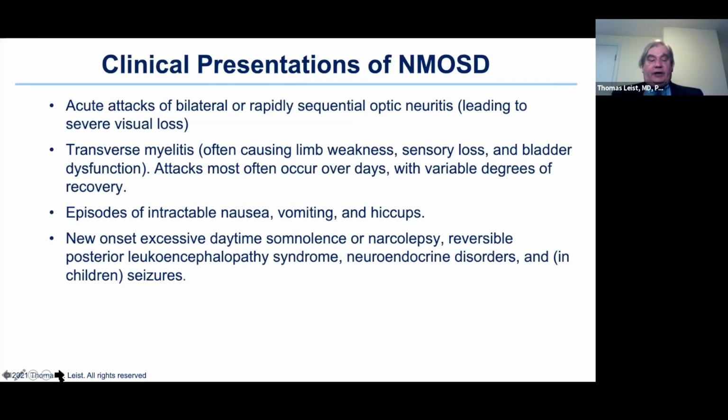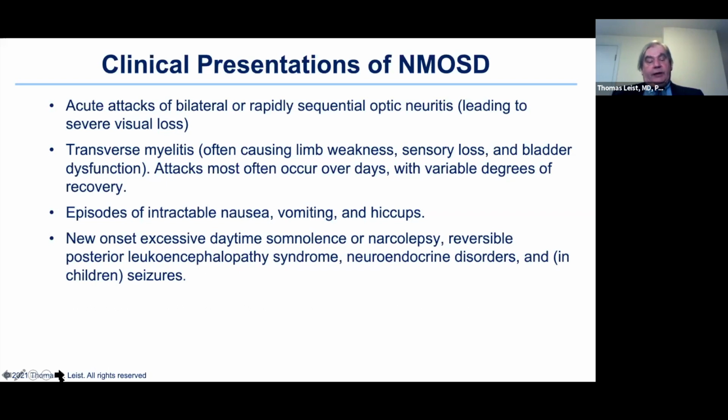What are the most frequent clinical presentations of NMOSD? I already mentioned optic neuritis, when the vision goes down, and this can be relatively rapid. The involvement of the spinal cord, where somebody gets weakness or can't walk anymore. This is transverse myelitis.